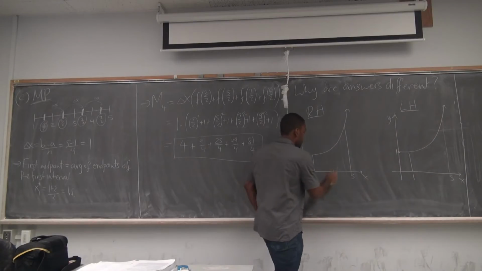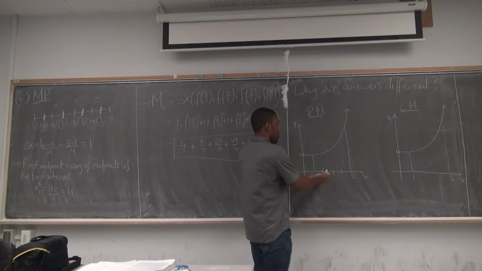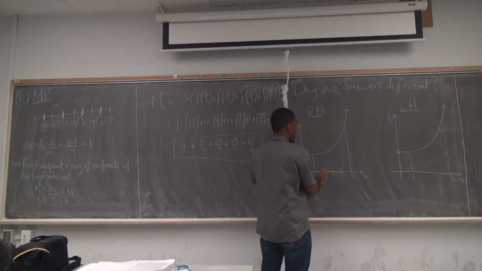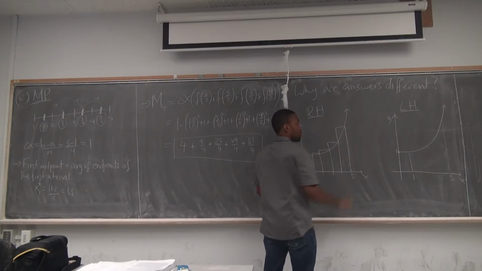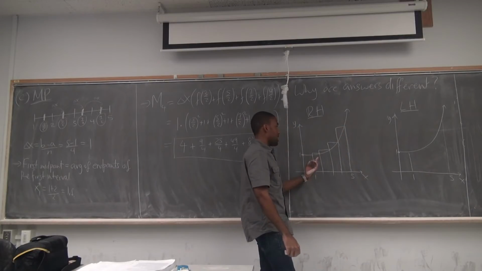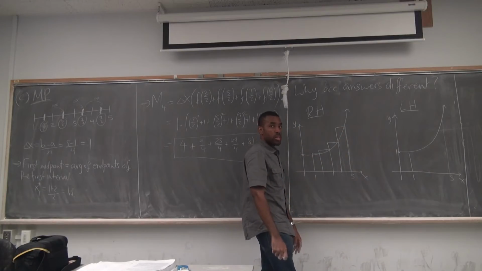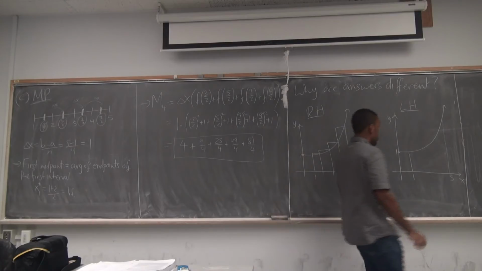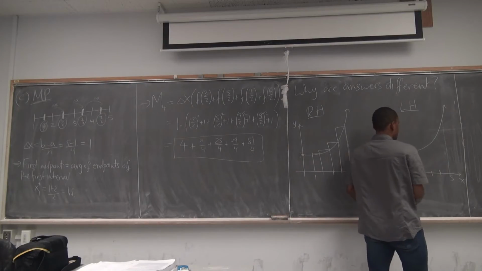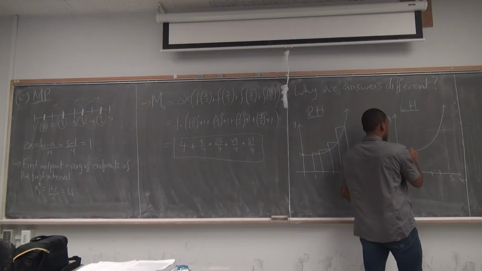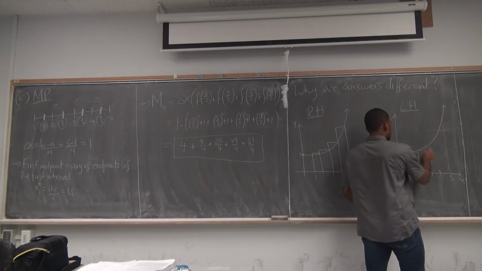Now, when I cut this into 4 sections, and I take the right sides to create the rectangles, I will have this. So when I do that, it's actually going to give me an answer that's bigger than the actual area. However, if I cut this into 4 sections, and I take the left sides to create the rectangles, I have this.